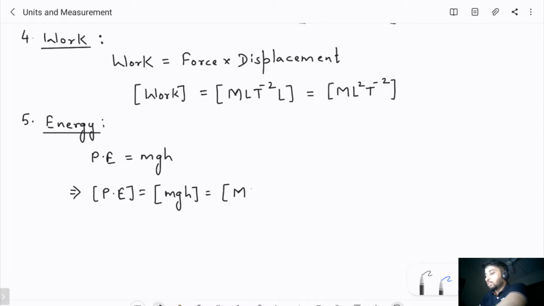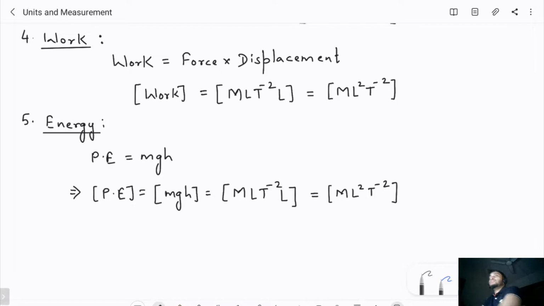So it becomes L T minus 2, and h is nothing but height or length in a way. So no need to write every time in standard form while simplification. At the end you can write upon simplification. So upon simplification what we'll get here is M L square T minus 2.